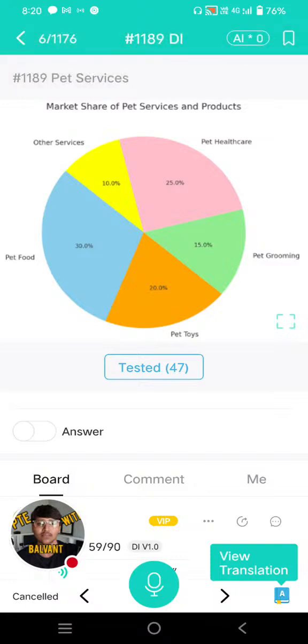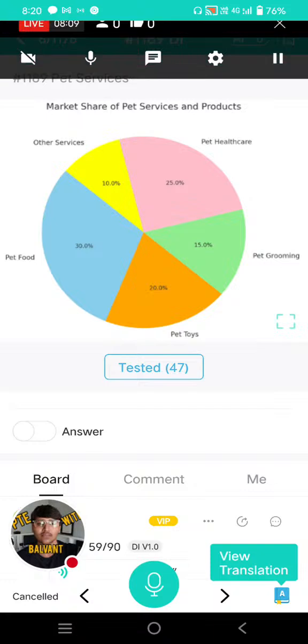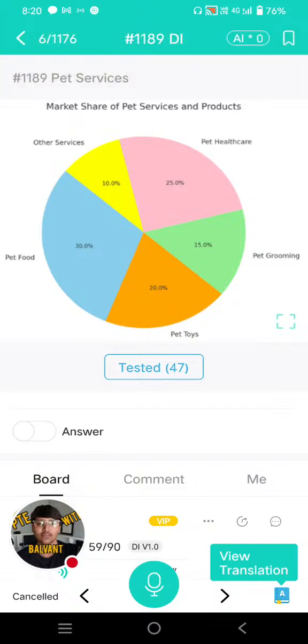The main values of this image will be 20%, 30% and 25%, right? And pet healthcare and pet grooming are also observed on the right side of the image. Pet food and other services are also observed on the left side of the image.